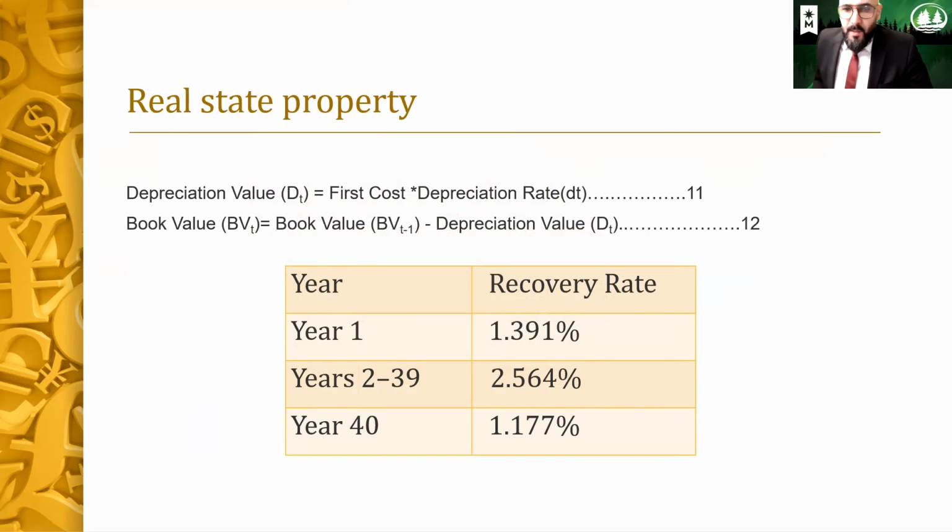And we use the same equations as in the past techniques: the depreciation value equals the first cost times the depreciation rate, and the book value equals the previous book value minus the depreciation value for that asset.